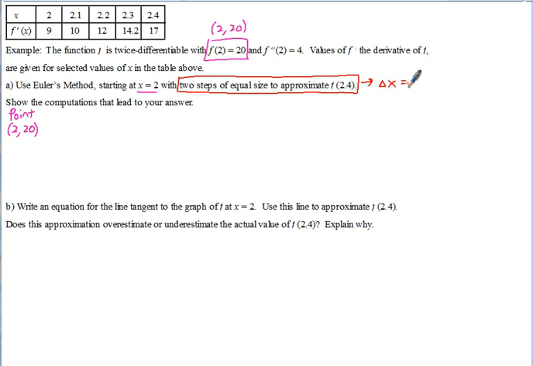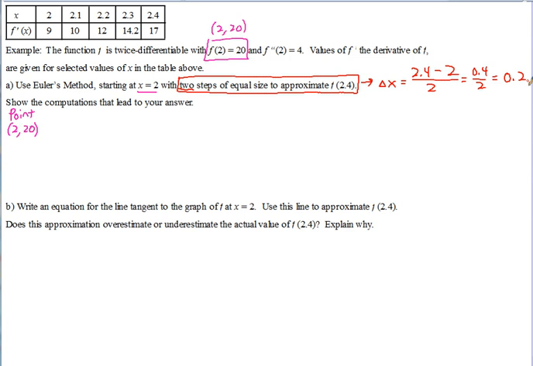To figure out what delta x is, you take the width of the whole interval: where you end up, you're trying to find f of 2.4, minus where you start, at x equals 2. That gives you the width of the entire interval. And then divide by the number of steps, in this case 2 steps of equal size, divided by 2. So 2.4 minus 2 is 0.4, divided by 2 is 0.2. Okay, so that's our step size delta x.